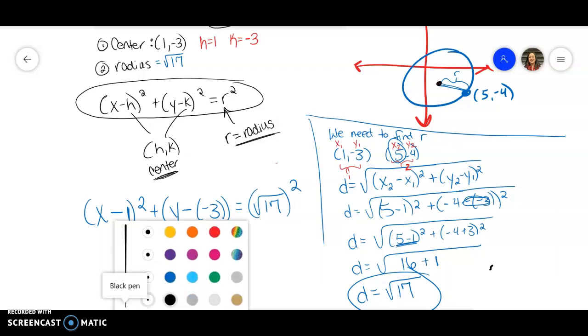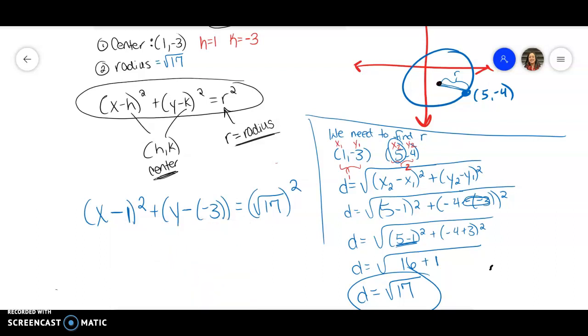And I didn't really have to write it all out that way. I'm going the long way around because I know I have students with some questions, and I want to make sure everybody can understand where all the signs come from and why the numbers end up being exactly what they are. So my final answer here is going to be (x minus 1) all squared plus (y, that minus a negative is going to change to plus 3) all squared equals, and when I square this square root, I like to say they're like inverses of one another.